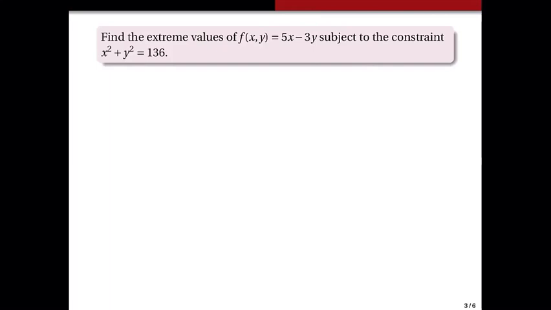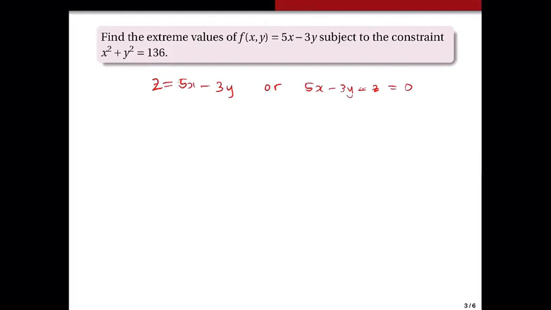If we just try to sketch this, we have z equals 5x minus 3y. So basically, we have a plane. Okay, we have the plane 5x minus 3y minus z equals 0.